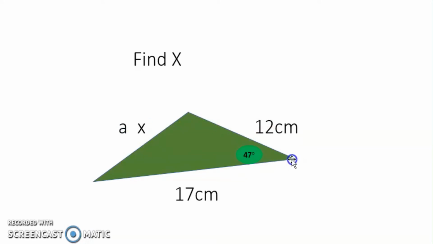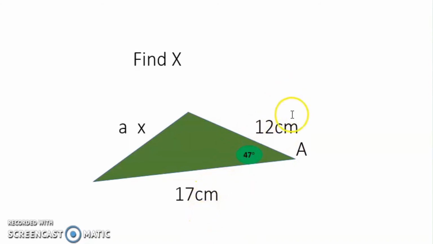It will be capital letter A, because if here is small letter a, this definitely will be capital letter A. So we are having small letter a where we are trying to find, then this angle is capital letter A. Now, if you have labeled the place you are trying to find small letter a and the angle opposite it is capital letter A, then we are going to apply the cosine formula. But I want you to know that it does not matter what you label the other two sides.